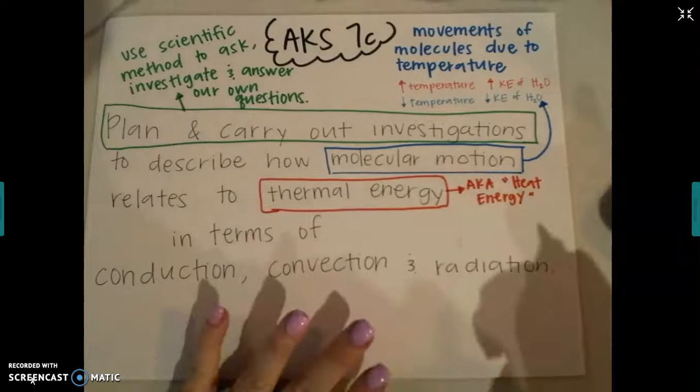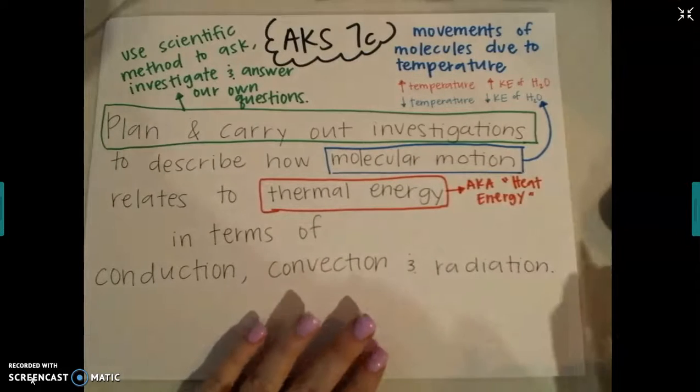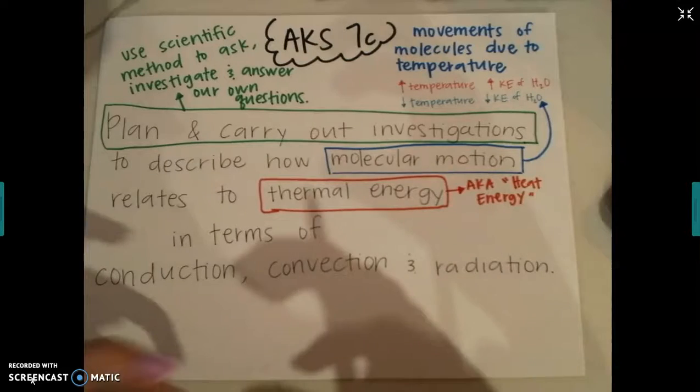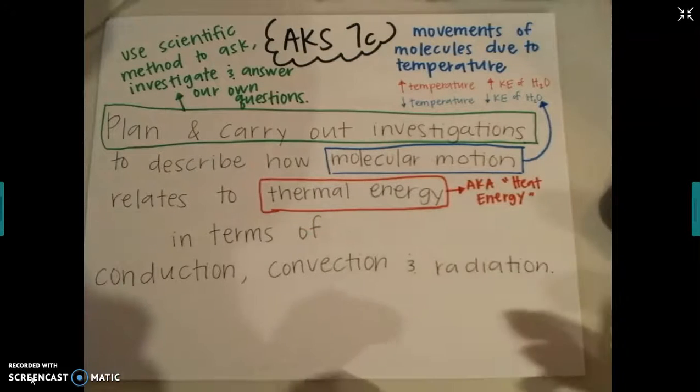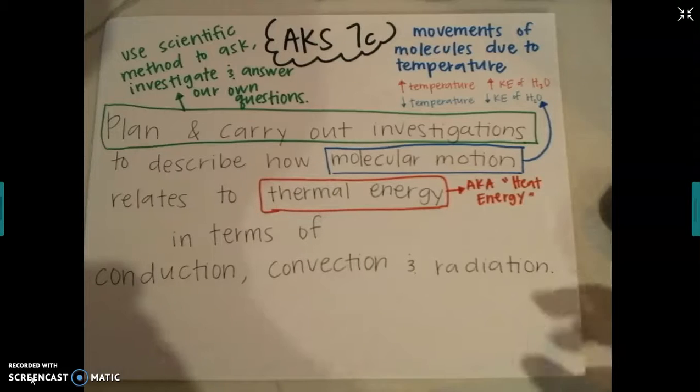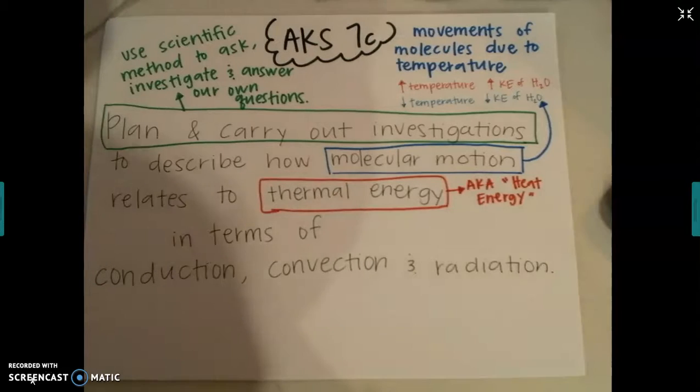So thermal energy is going to show a rise in temperature causing the atoms to move faster, and they begin to collide with one another. Thermal energy has to do with those collisions due to temperature change.